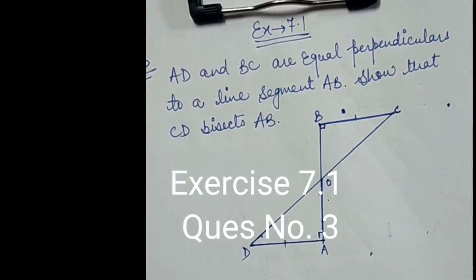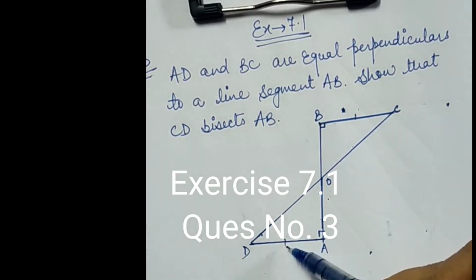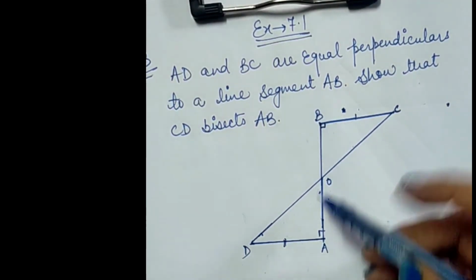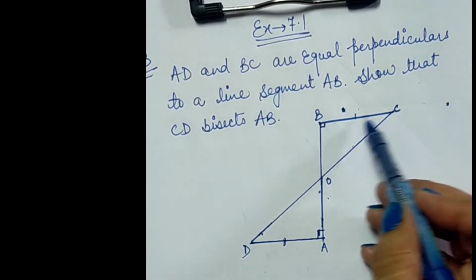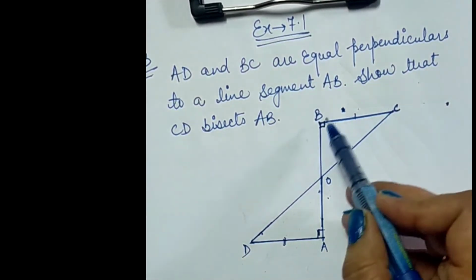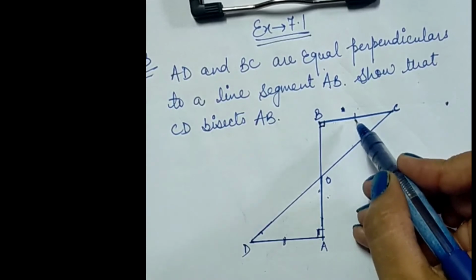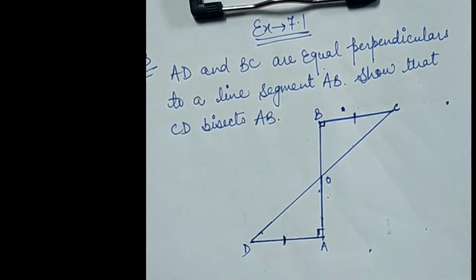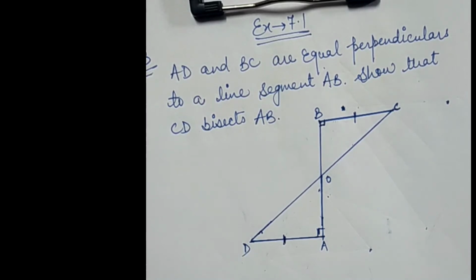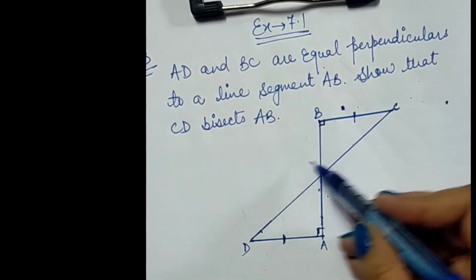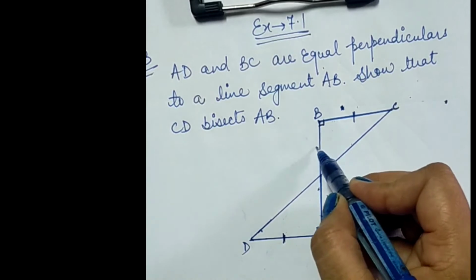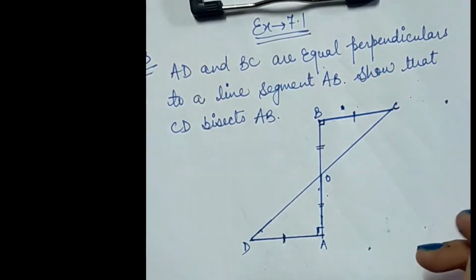Coming to the third question, AD and BC are equal perpendiculars. You can see AD is perpendicular upon this line AB and BC is also perpendicular upon AB, and they are equal. That means BC is equal to AD, to a line segment AB. Show that CD bisects AB. That means we are going to prove that BO is equal to OA.